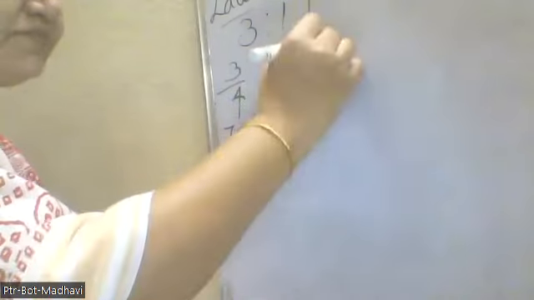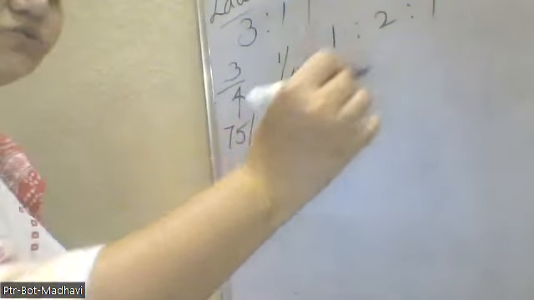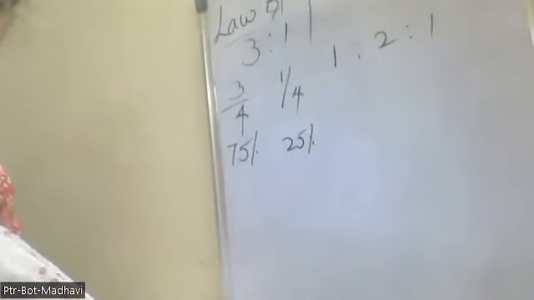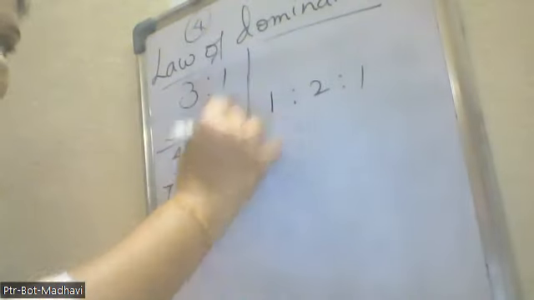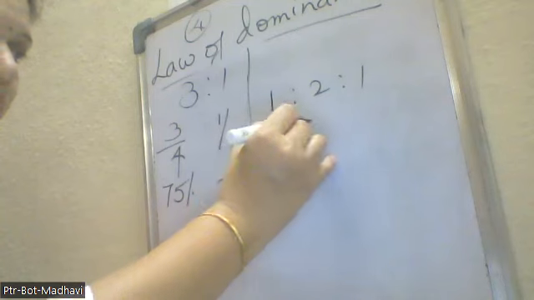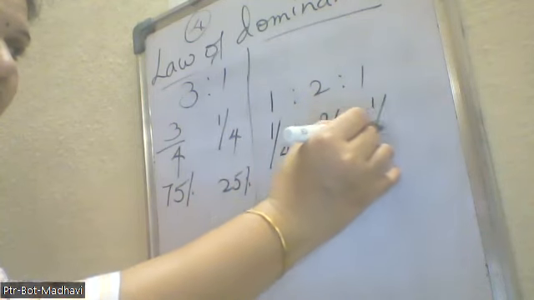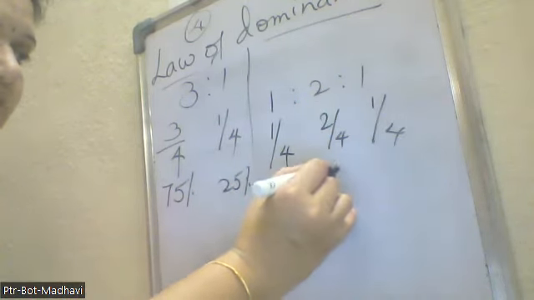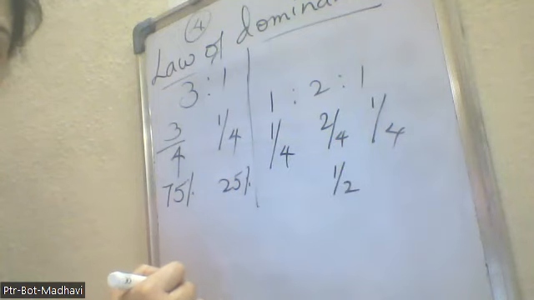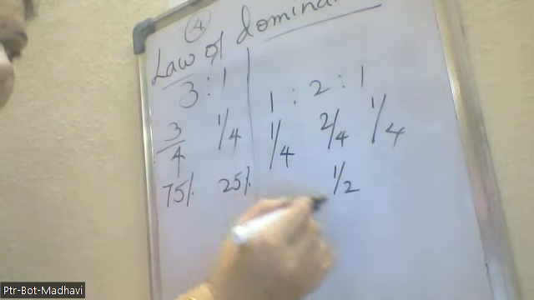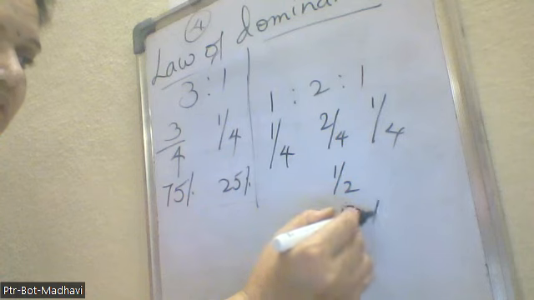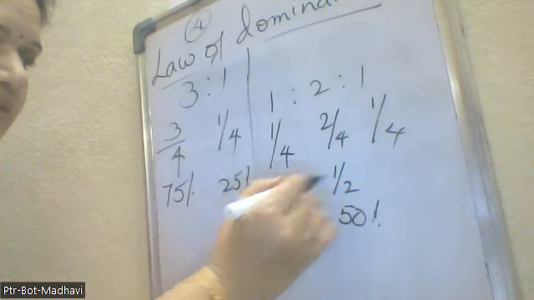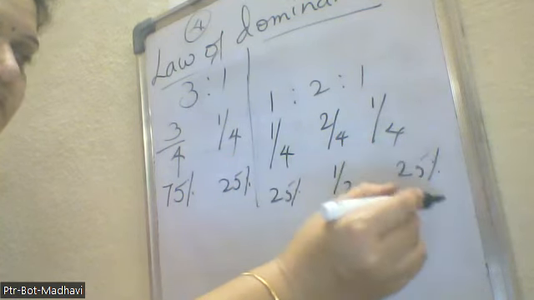If we take the genotypic ratio, that is 1:2:1, then we can say 1/4, 2/4, 1/4. 2/4 is simplified as half, 1/2. Then here 25%, this is 50%, this is 25%.